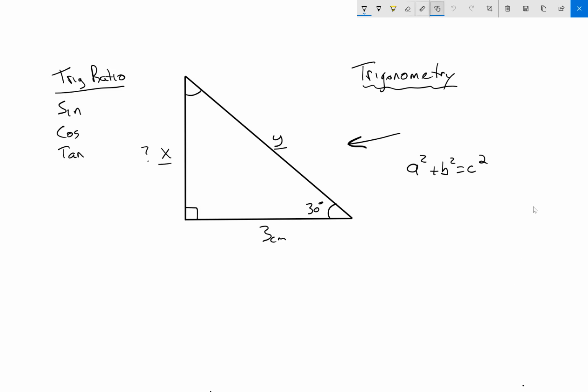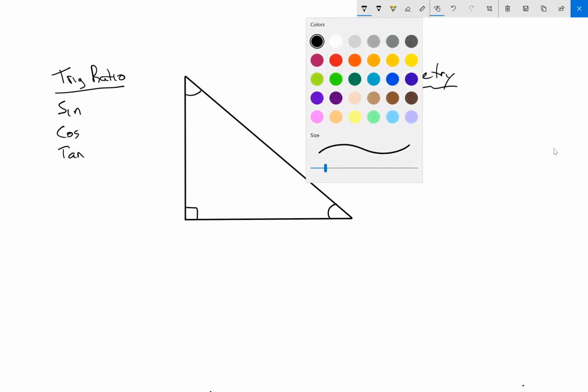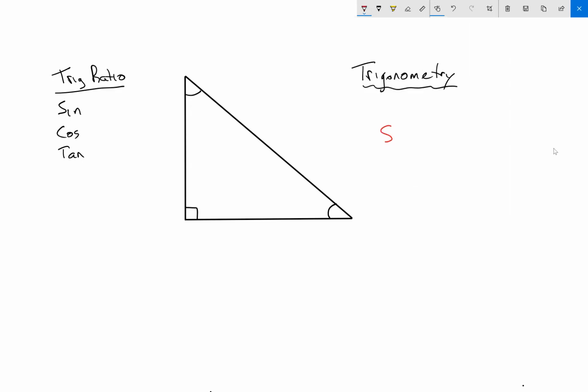All right, so let's talk a little bit more specifically about these trig ratios here, okay? I'm just going to erase some of this. So for my trig ratios, the first ratio that we talk about is sine. Let's do it in red. The sine of my angle.